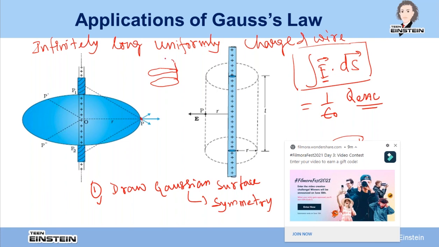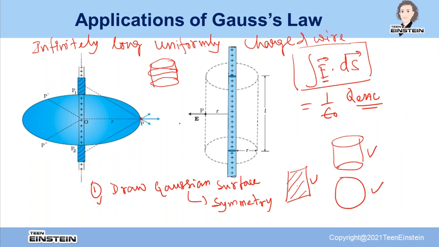So that's why you have to draw a cylinder through the point at which you have to calculate the electric field for this wire.